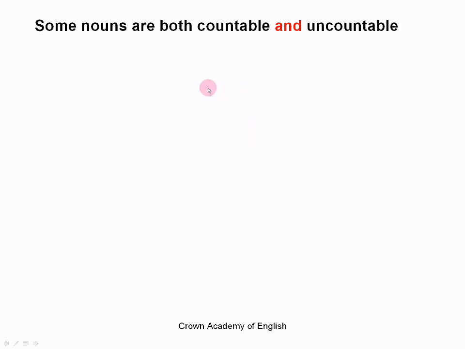Important to understand that there are some nouns which are in both categories, which are both countable and uncountable. For example, the word chocolate.